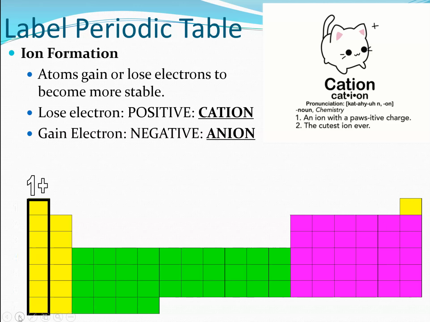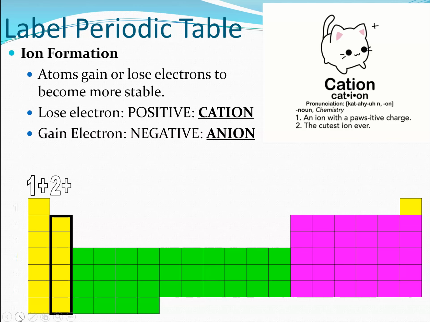On your periodic table, you're going to put a +1 on the first column on the left-hand side, the alkali metals, and also around the hydrogen, because these tend to lose one electron.